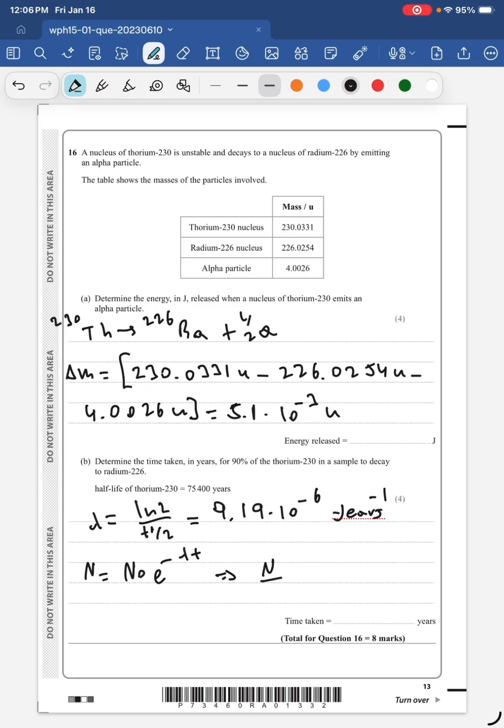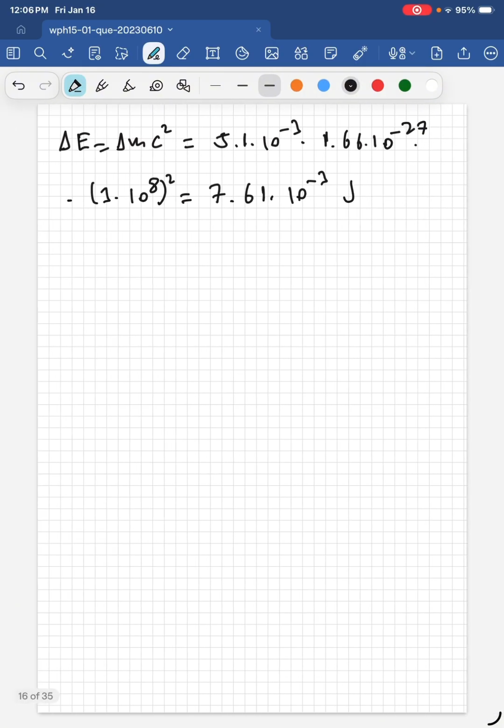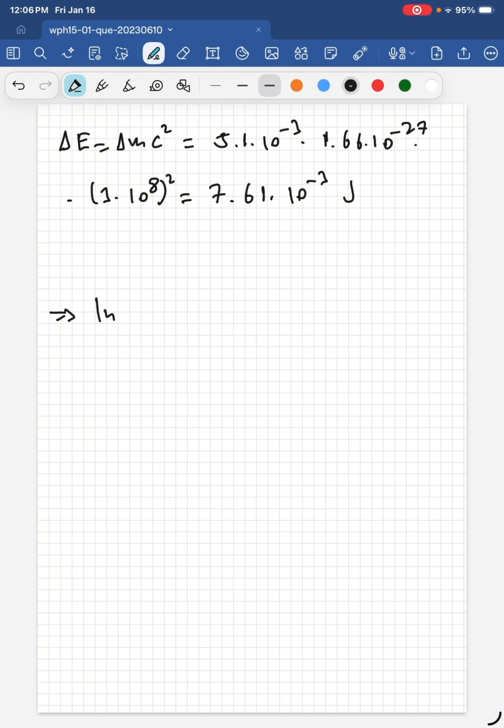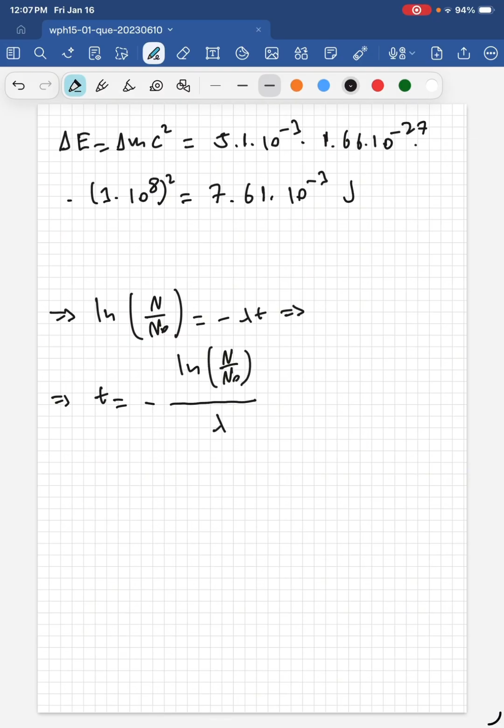So we actually need N over N naught, which is equal to e to the minus lambda t, and I'm going to go back to the clean page. So if we take the ln of both sides, we have ln of N over N naught equals minus lambda t. So the time we need to find is equal to minus, and then we have on the numerator ln of N over N naught over lambda.